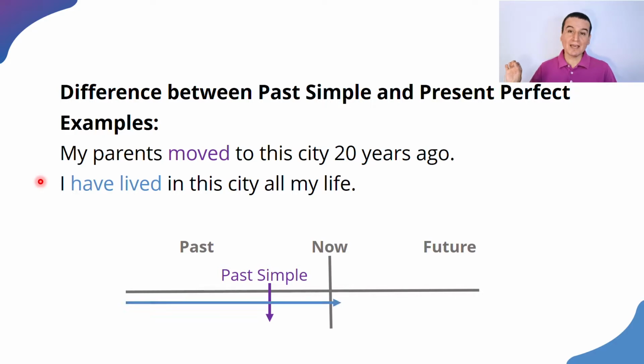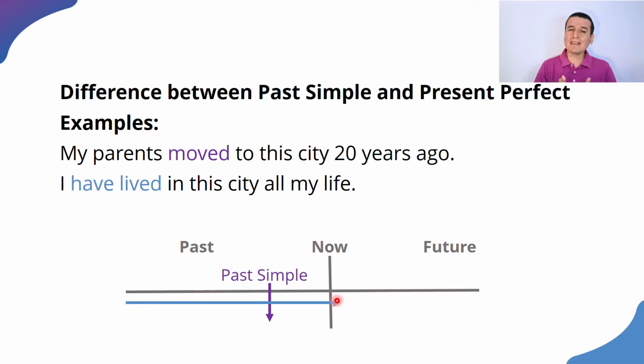As you can see, I started living in this city sometime in the past, and during that time I have been living here up to this moment. That means that that action started in the past and has continued up to the present time.